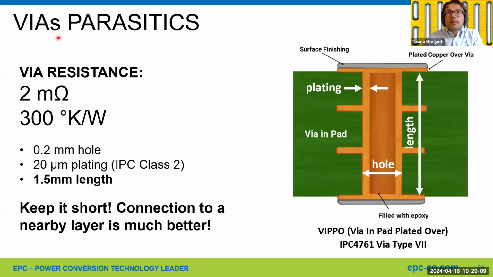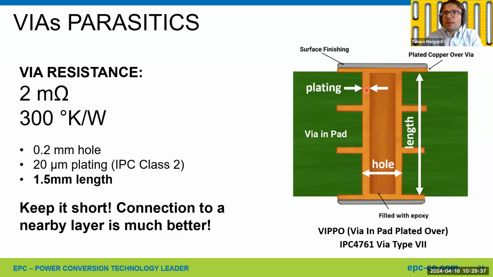Regarding vias, they are a major source of parasitics. The typical via we are using in our design is roughly 2 nanohenry, and thermally it is 300 Kelvin per watt thermal resistance. The vias we are using are via-in-pad, plated over. Typical drill diameter is 0.2 millimeter.